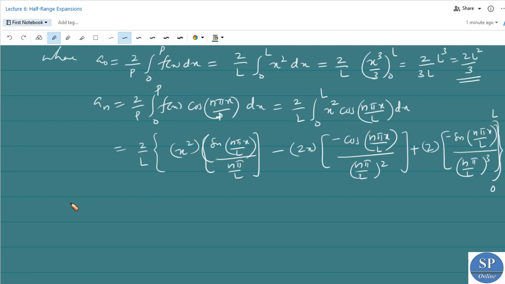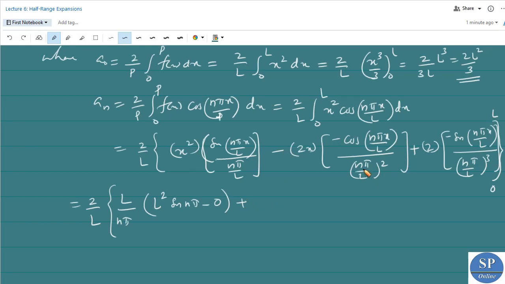So this is equal to 2 by L into, here we have L by n pi into applying the limit 0 to L: applying the limit L, we have L square into sin n pi L by L, that is sin n pi, minus applying 0, that is 0 square into sin 0, that is 0. Then minus minus, that is plus.